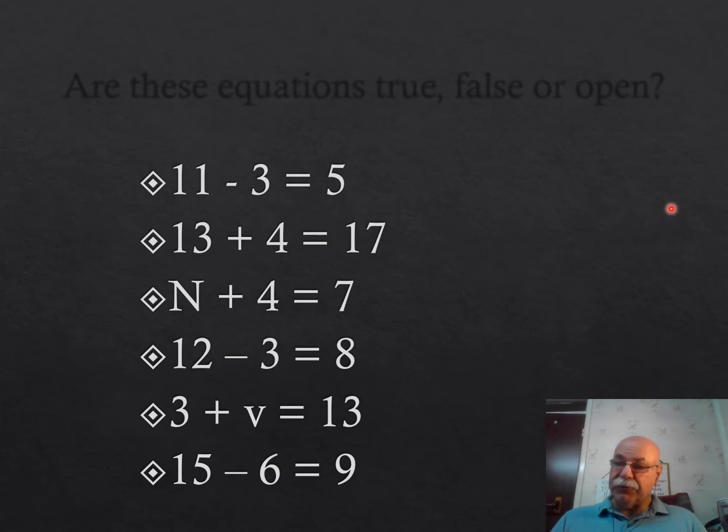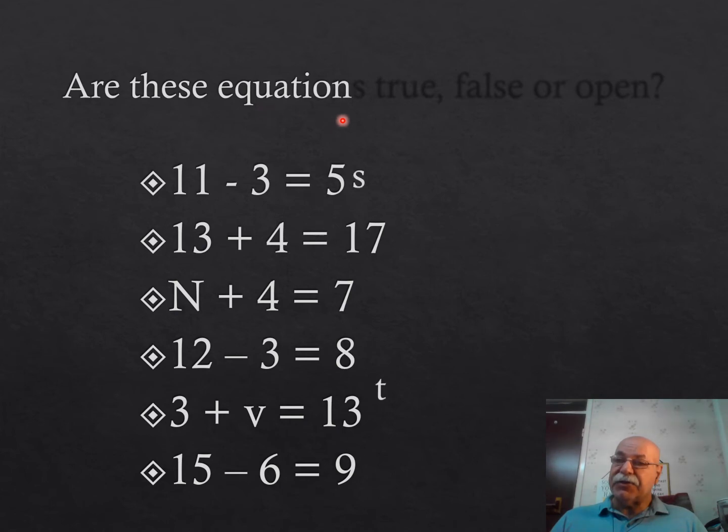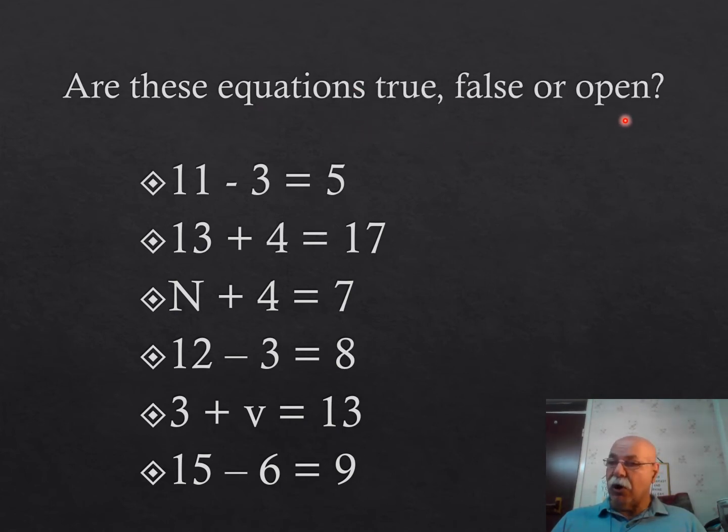Are these equations truth, false, or open? 11 minus 3 equals 5: is it a truth, false, or open equation? Stop the video and answer.